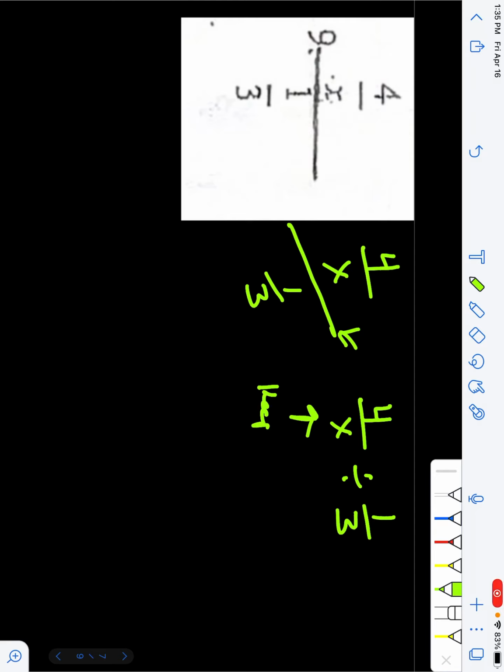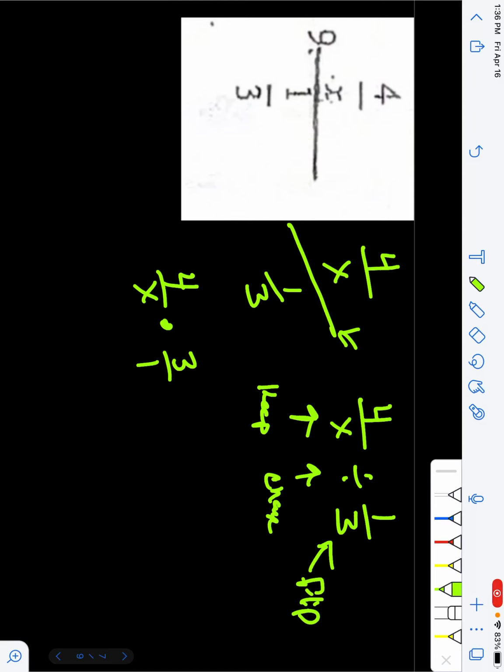And what they would have told you in like 6th grade is to keep, change, and flip. So we keep 4 over x, we change from division to multiplication, and we flip that 1/3 to 3 over 1. A little throwback to 6th grade. Keep, change, flip.